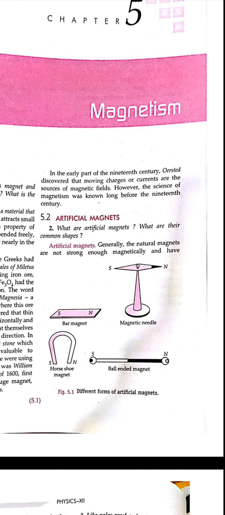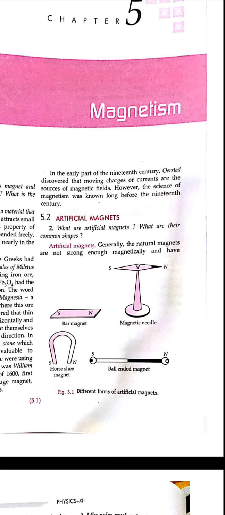Since natural magnets have inconvenient sizes and shapes to use, artificial magnets came into use. These have convenient shapes and sizes, and they come in various forms so that we can use them easily.